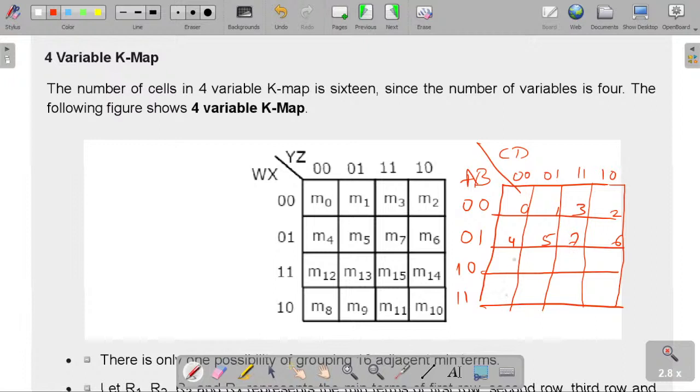Actually we need to write it this way. Then this is 8, 9, 10, 11, 12, 13, 14 and 15. In this way we need to write a 4 variable K map.